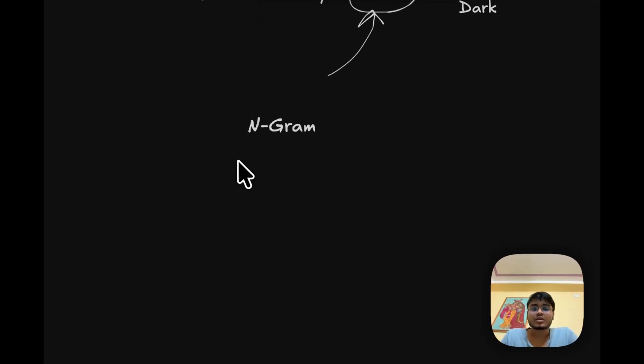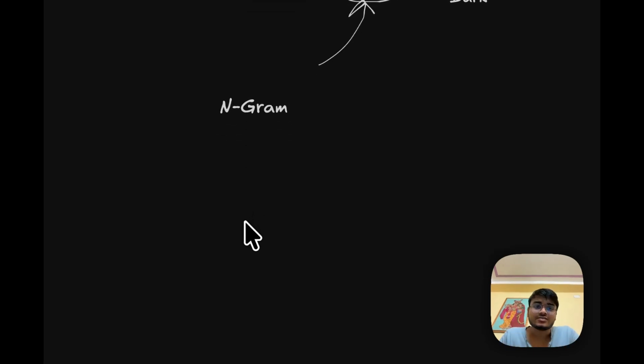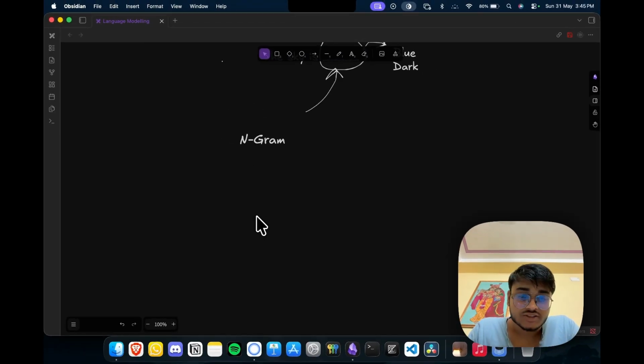What is an N-gram? An N-gram basically means a sequence of words. This doesn't explain much, but remember it in your head, since you might have to write it in an exam.